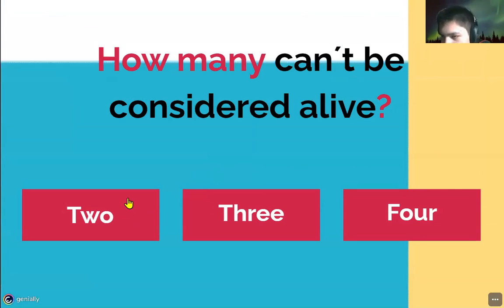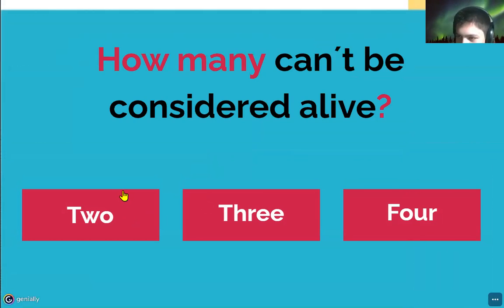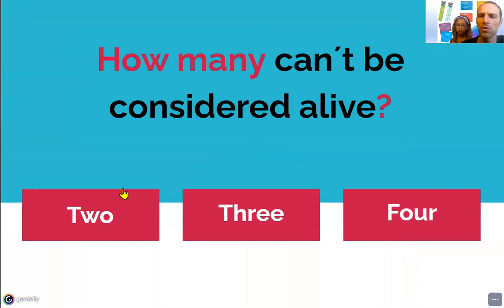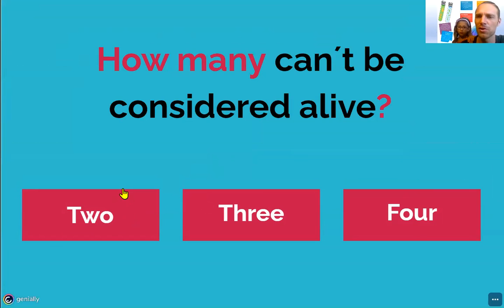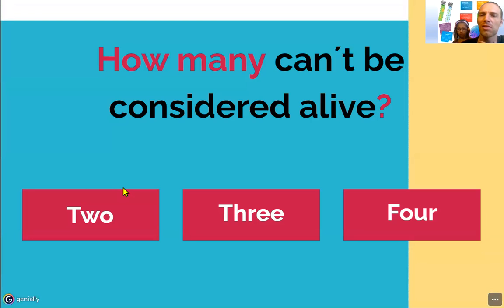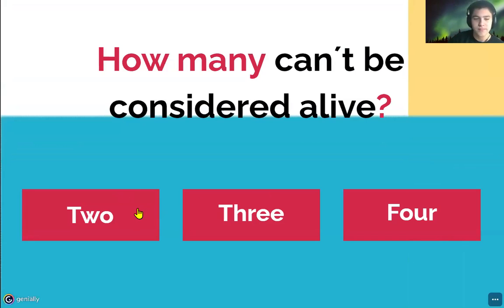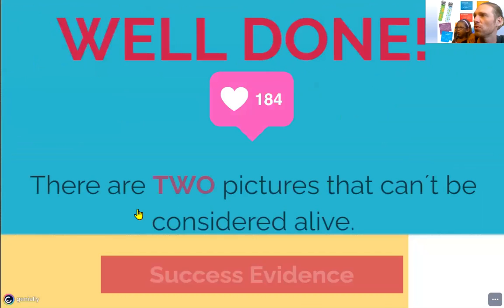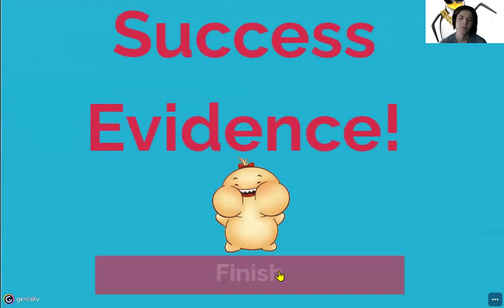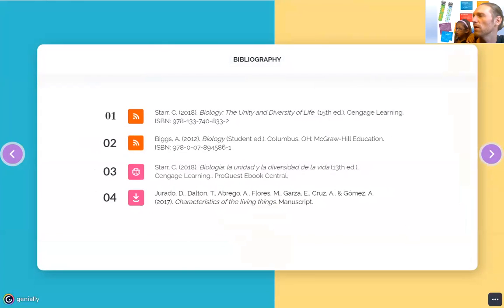The picture could be an image of streptococcus. Streptococci is a type of bacteria that is in your throat sometimes. It's very much alive. So we say two. Okay. Yeah, very easy.